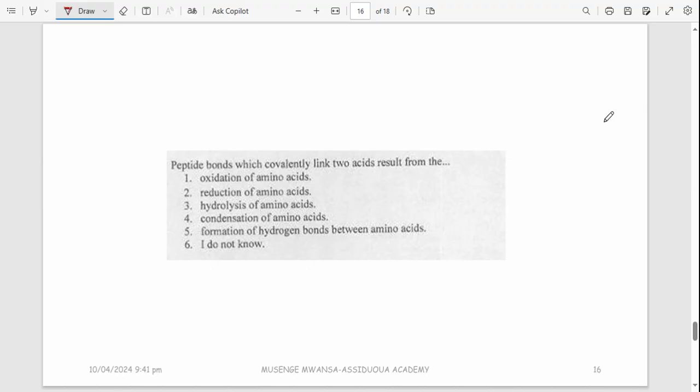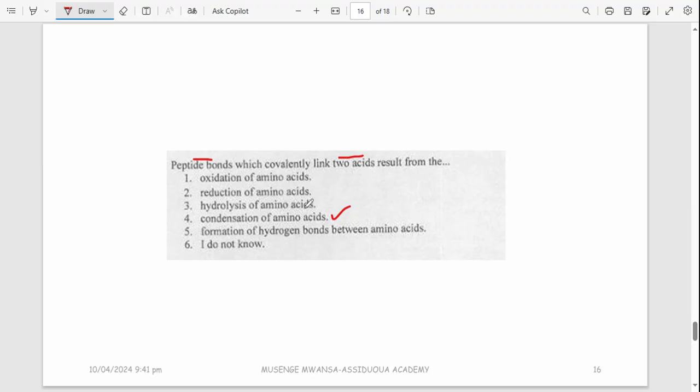Peptide bonds which covalently link two amino acids result from oxidation, reduction, hydrolysis of amino acids, condensation of amino acids, or formation of hydrogen bonds. So it results from condensation, right?